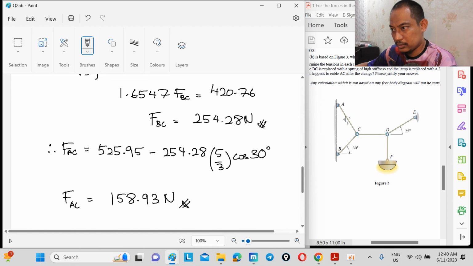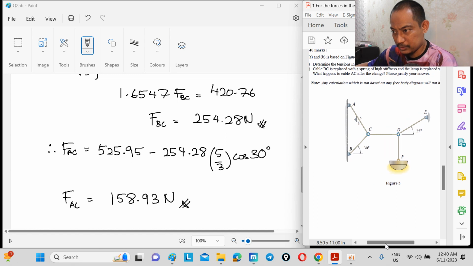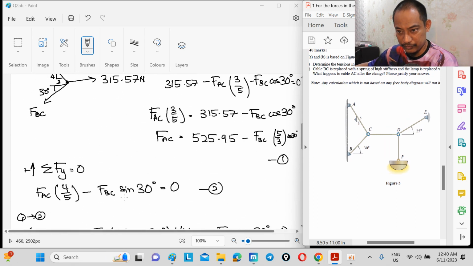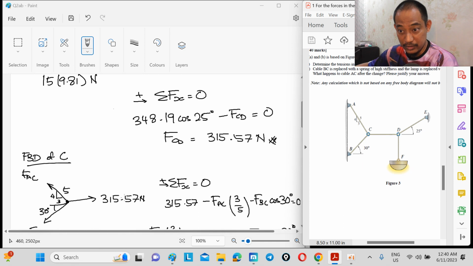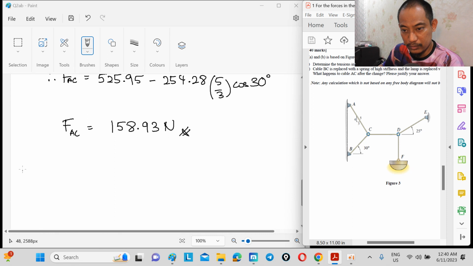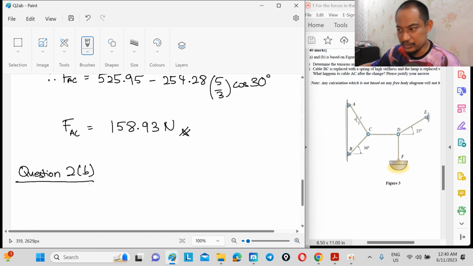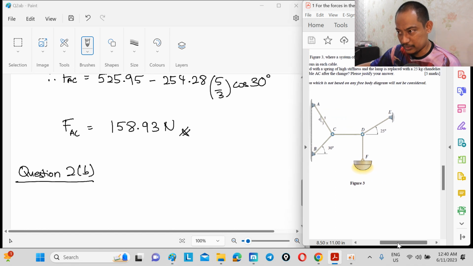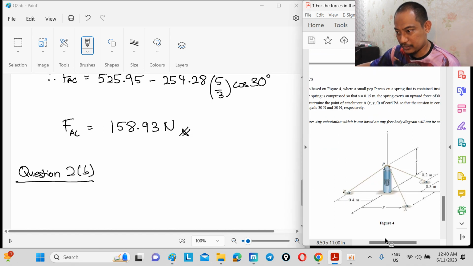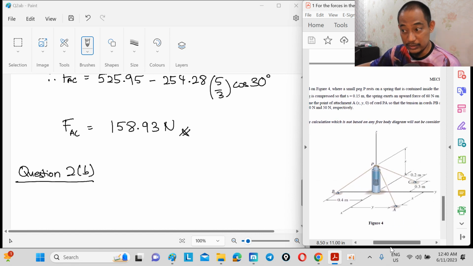So that is all the tension in the cable. All right, for part B, because we are out of time, we have 20 minutes left, but okay, so question 2B. Now, why I mention that is because if I'm actually in the exam and you have 20 minutes left, and this is 5 marks, but you have another 20 marks here, so I would go here first, right?